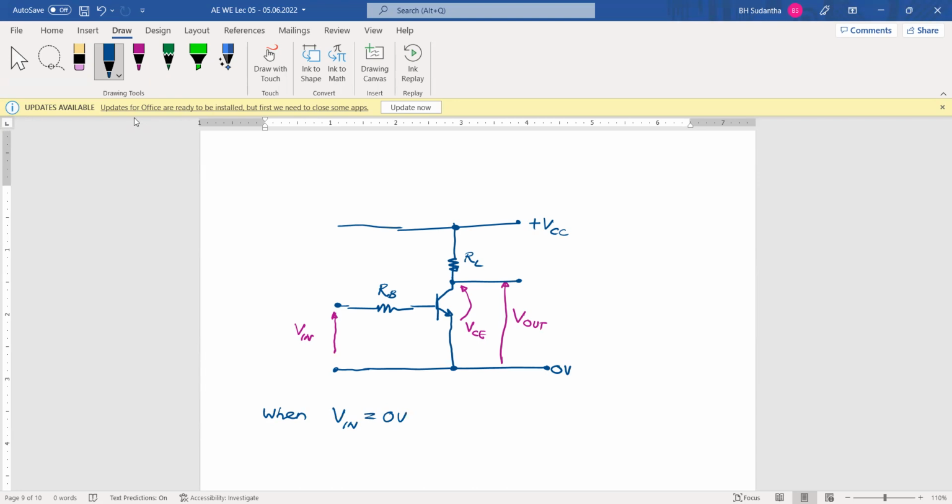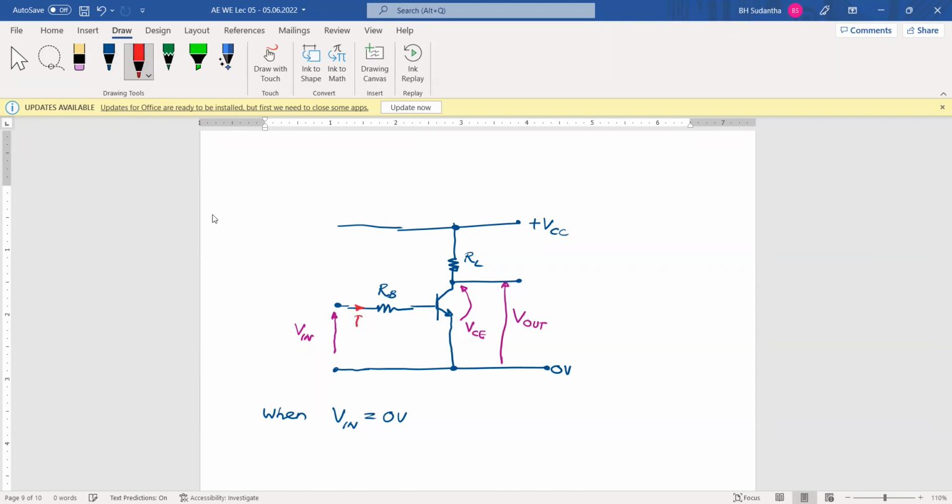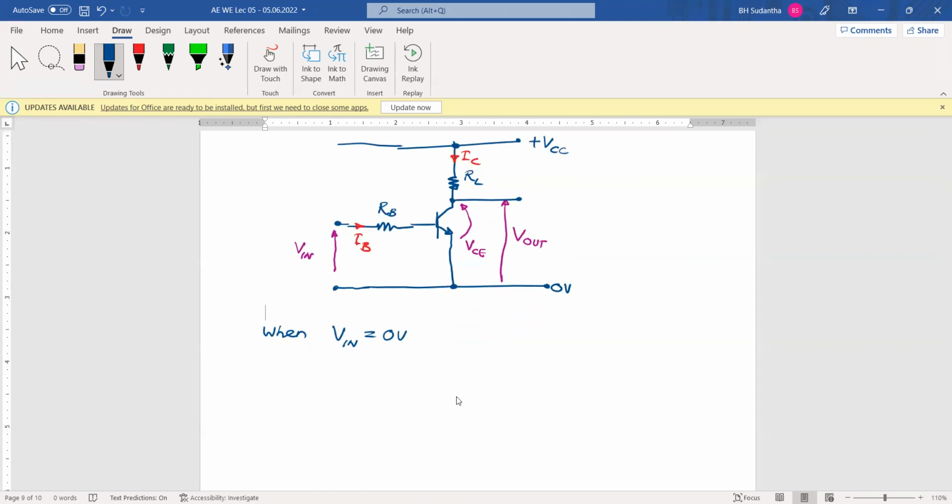When Vin is 0 volts, what will happen? This is IB, and this is IC. When Vin is 0 volts, then across this base-emitter junction there is no voltage across VBE.